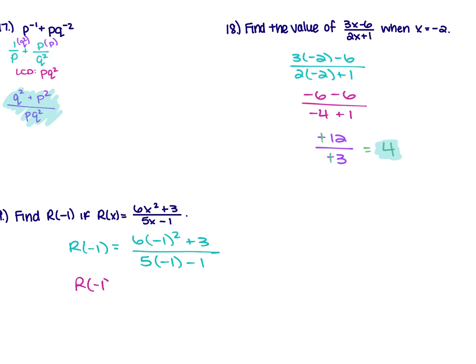This simplifies to give you 6 times 1 plus 3 all over negative 5 minus 1. The 6 times 1 is 6 plus 3 is 9, and the negative 5 minus 1 is negative 6. So this simplifies to just give us negative 3 over 2.